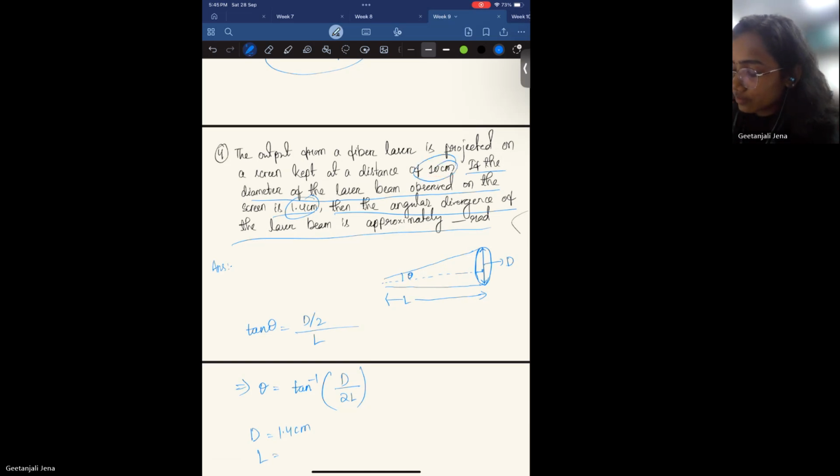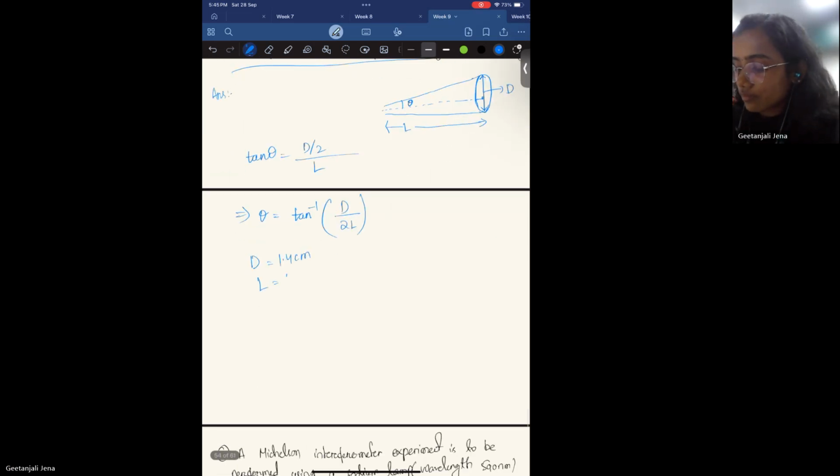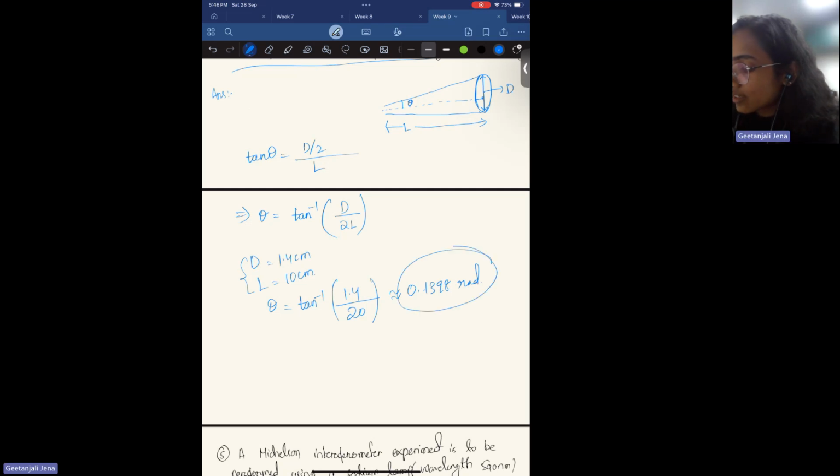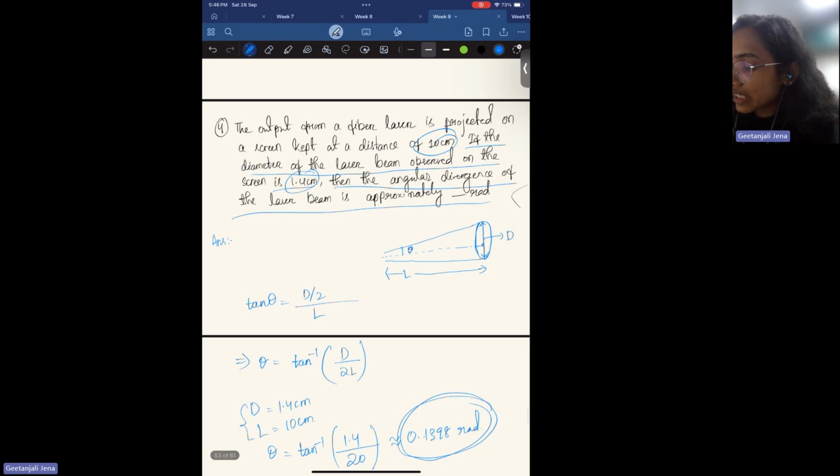So if you put all these values, then you will get theta is 1.4 divided by 20. So it will come around 0.1398 radian. So this is the divergence angle after covering a distance of 10 centimeter.